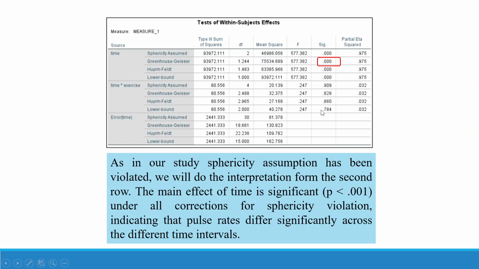The main effect of time is significant. See, the time is significant as the p-value is less than 0.05 under all corrections. You have to see all the corrections. Under all corrections for sphericity violations, indicating that the pulse rates differ significantly across the different time intervals.